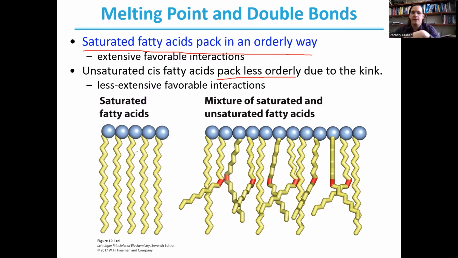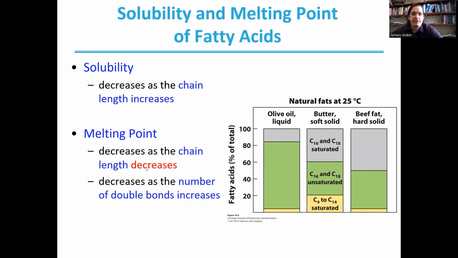If we're not packed together very well, the surface area of contact between our lipids is much smaller, and so we have less interactions between our molecules overall. So then it becomes easier to separate those molecules and pull apart those interactions as we move from our more packed solid state. So that difference in packing then will explain the change in our melting point based on the number of double bonds.